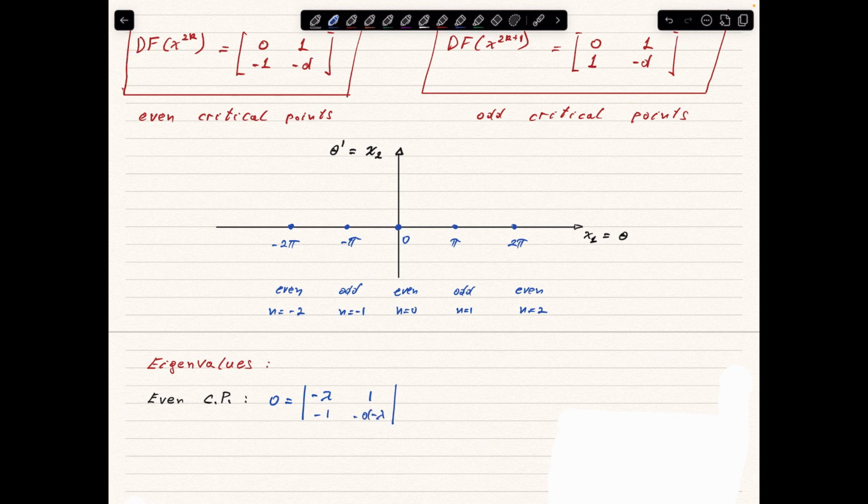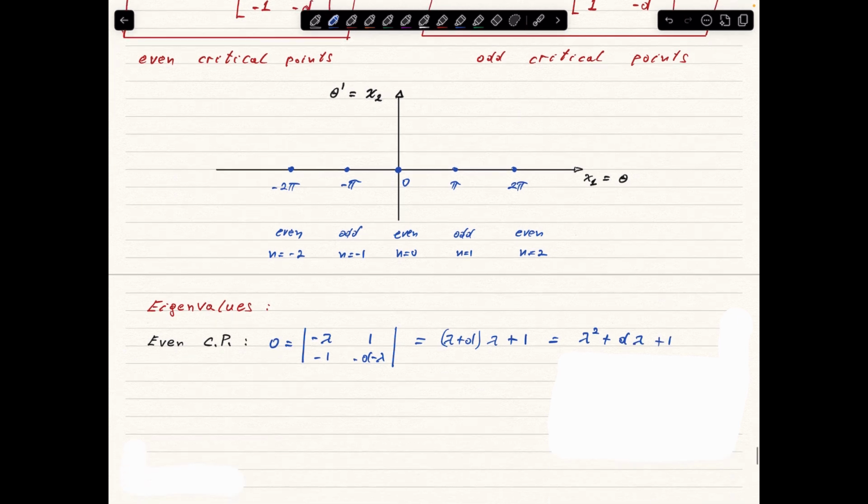That determinant is equal to d plus lambda multiplied by lambda. I cancelled the 2 negative signs. Minus minus plus 1. And if we compute that, this is lambda squared plus d times lambda plus 1.